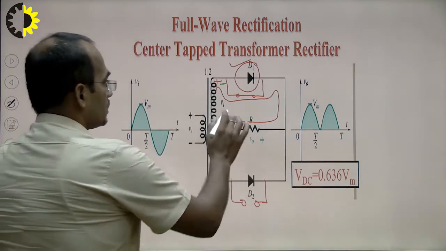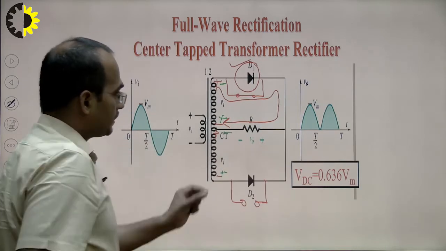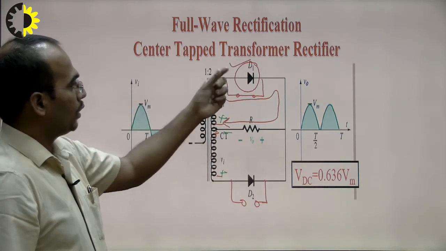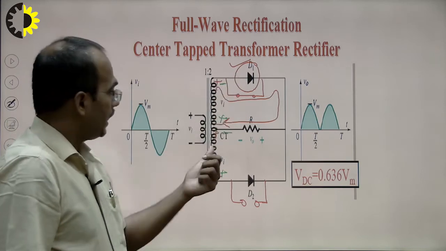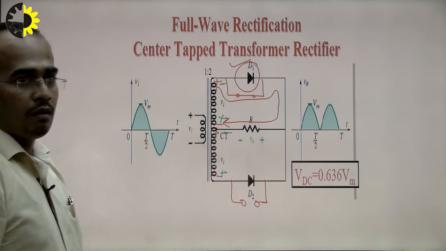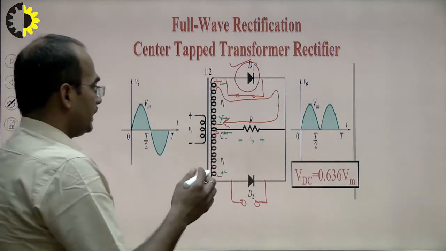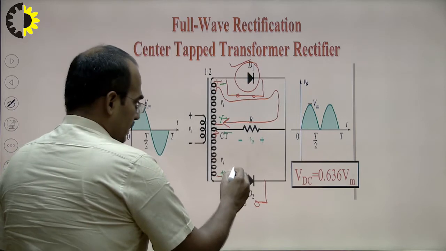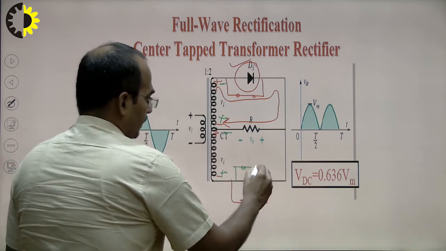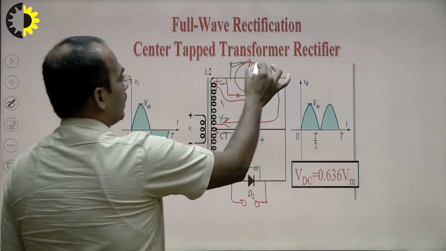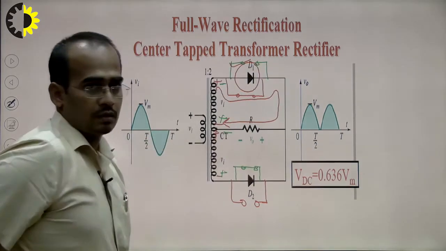You can check that for this negative half cycle, diode D1 will be reverse biased or open circuit, and diode D2 will be forward biased. In this half cycle diode D2 will conduct, behaving as a short circuit, and diode D1 will be reverse biased or open circuit.